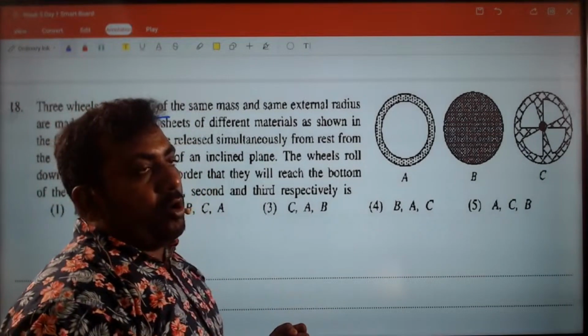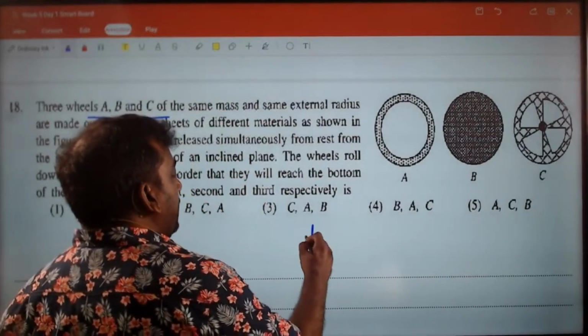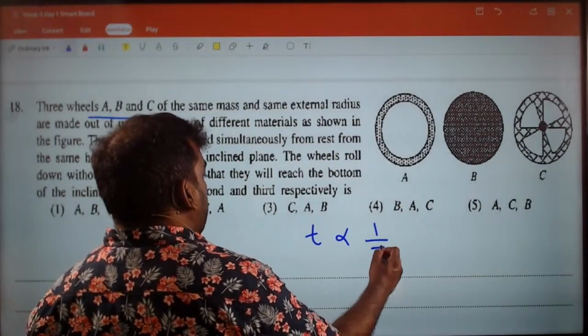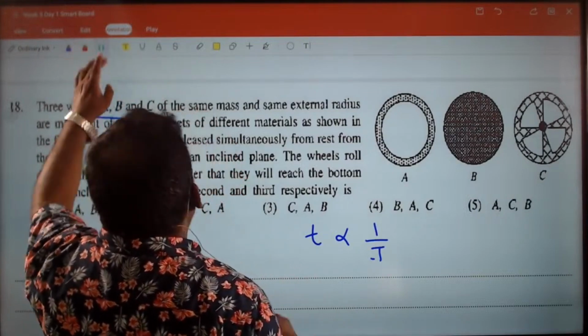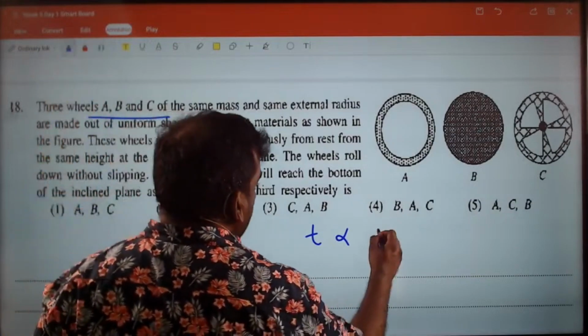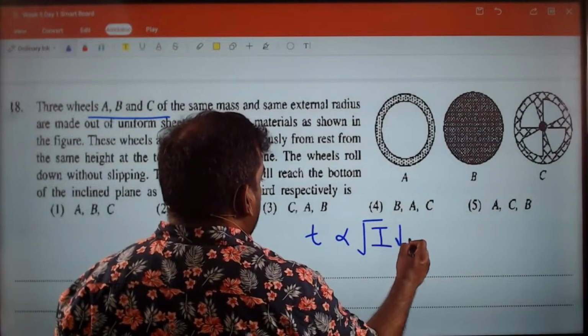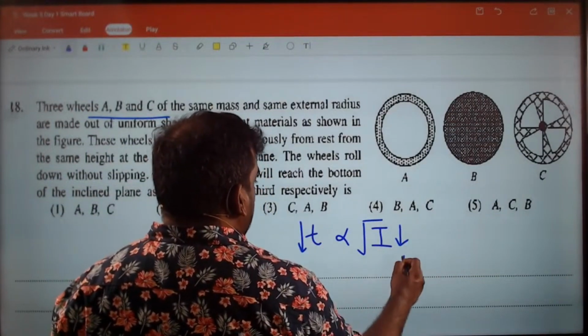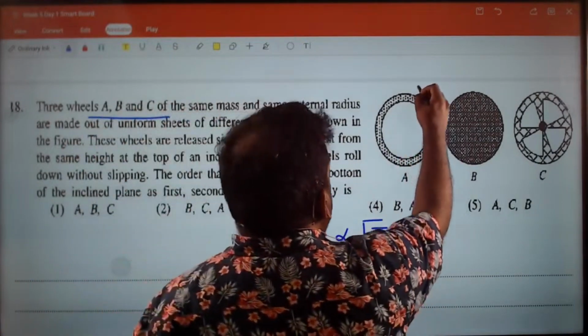Smaller moment of inertia, lesser time. Time is directly proportional to, actually, the square root of inertia, it's okay. Inertia small, time is less. Inertia large, time is more. So which has the greater inertia?